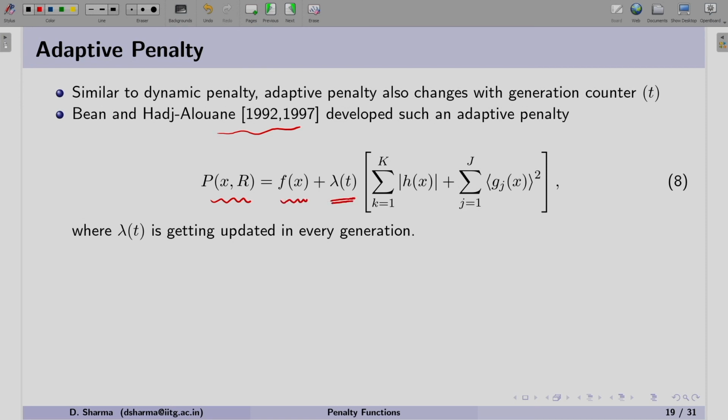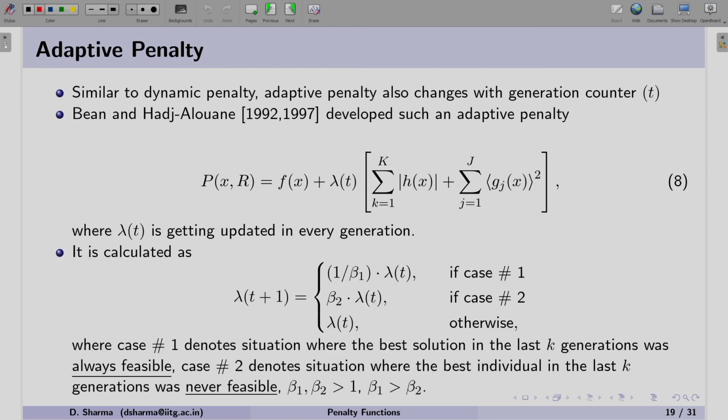This is the new term which they have added, and then we have the constraint violations coming from the equality and inequality constraints. Here lambda is updated in every generation, so that, depending on the counter on the generation, it adaptively either increases or reduces the value.